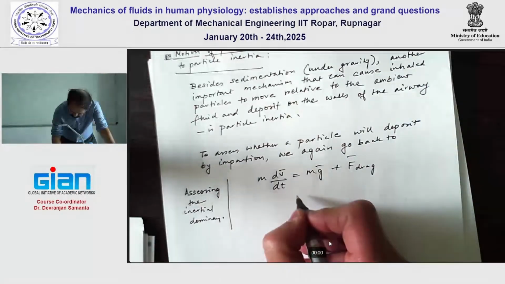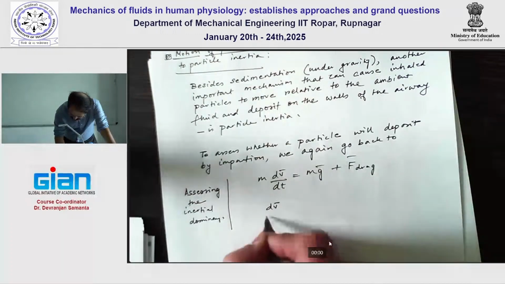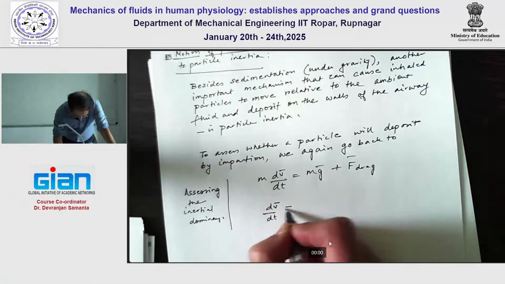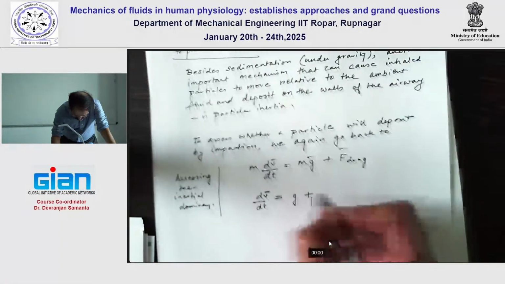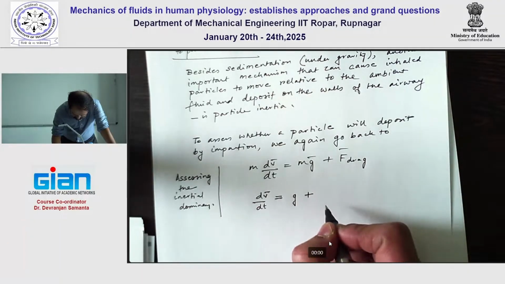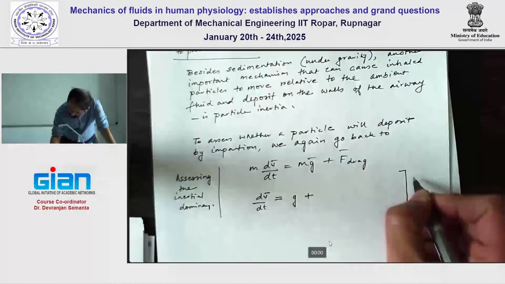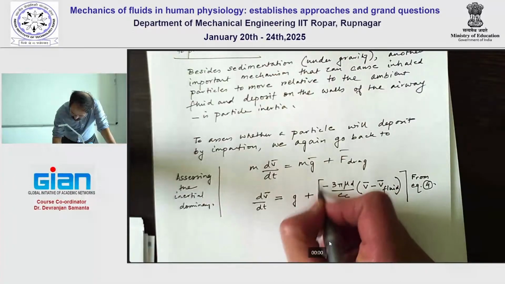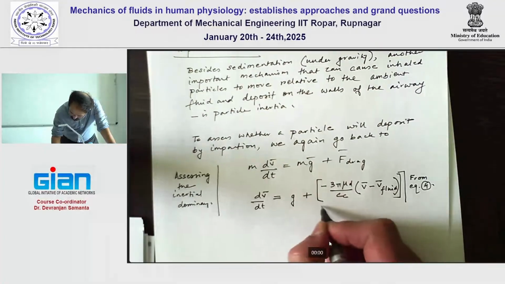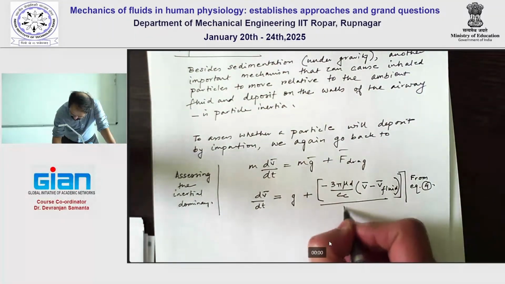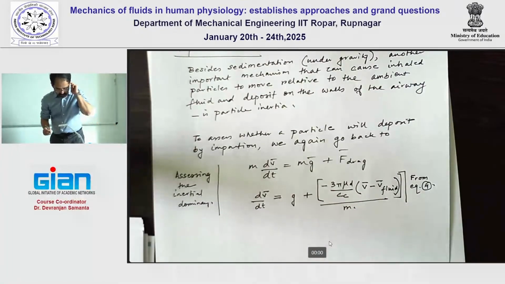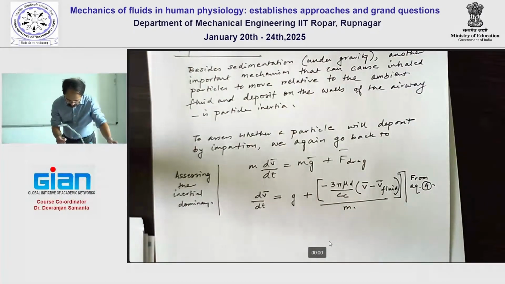So dv/dt is g plus, we are going to use the F drag, so this comes from the equation that I have, divided by m. So let's try to simplify this a little bit.